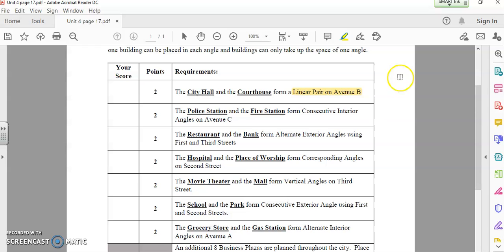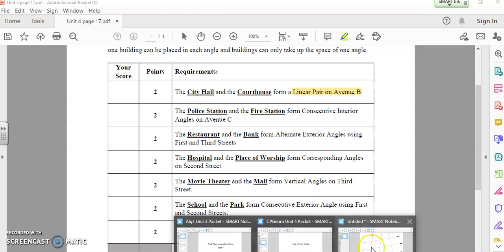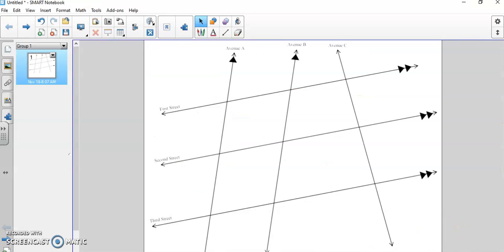So if we look at the streets on page 19, my suggestion is turn your paper horizontally so that Avenue A, B, and C run their names across the top, and 1st Street, 2nd Street, and 3rd Street names run down your left-hand side, okay?